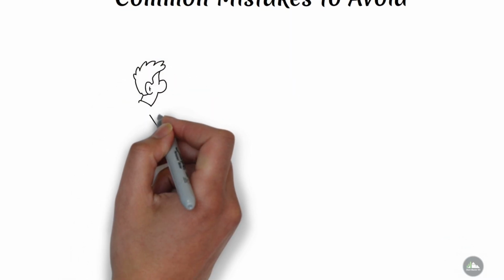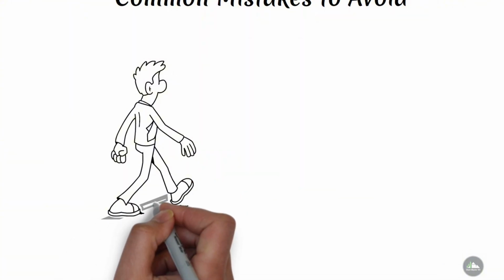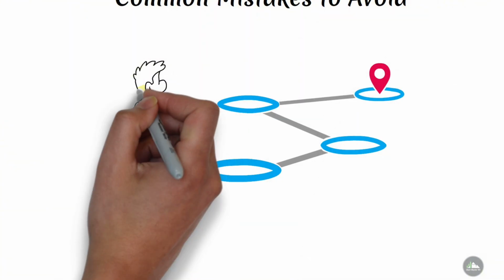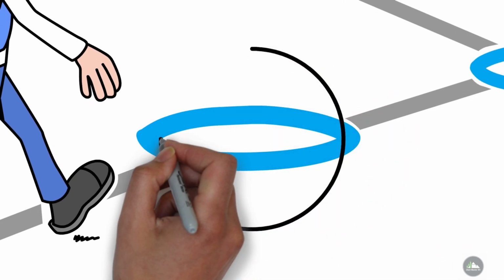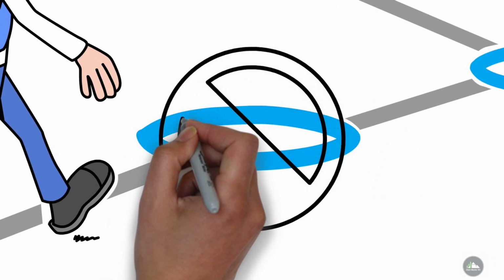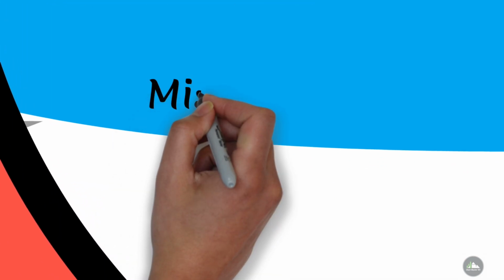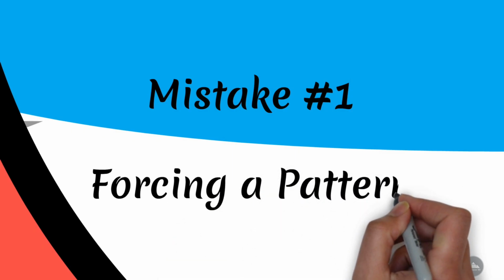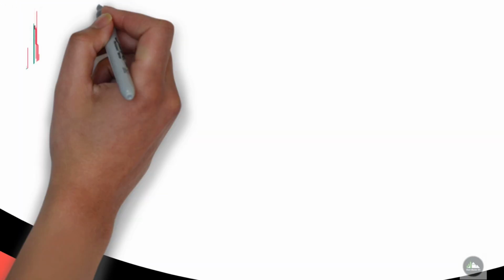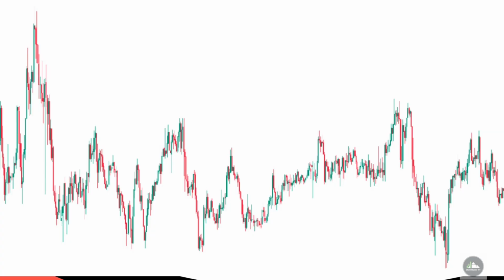The common mistakes to avoid: think of yourself as a new beginner trader looking at a few things to achieve in these chart patterns. The first mistake is you need to know when to take a trade and when not to force a pattern, because people may want to force some kind of pattern in any type of chart.